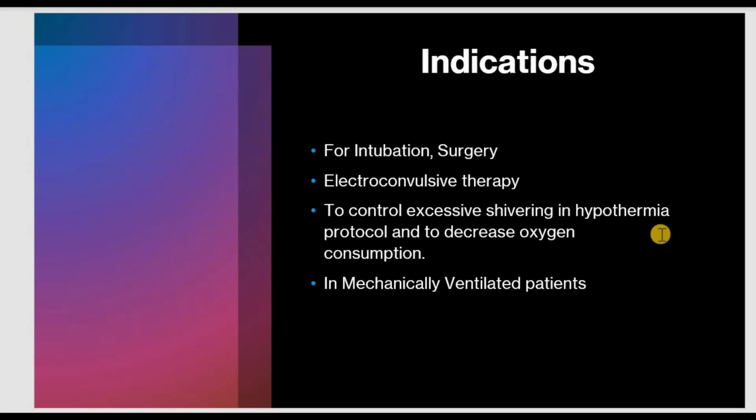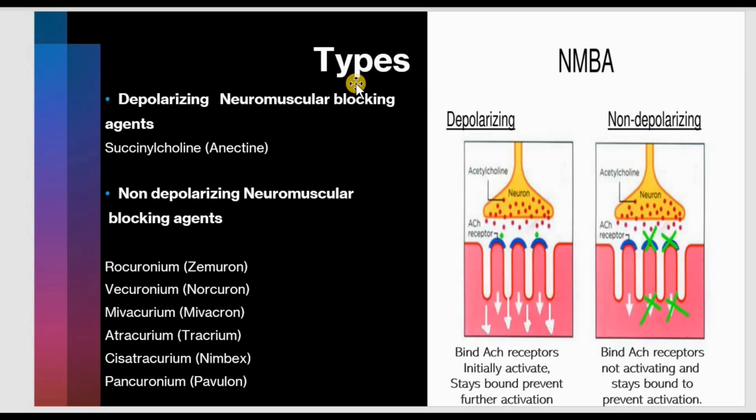In post-cardiac arrest patients, to preserve neurofunction, you cool the patient down, and as a result the patient can have shivering that increases the oxygen demand. So IV paralytics are given to prevent shivering and to decrease oxygen consumption. In mechanically ventilated patients, for example in severe ARDS, COVID-19 patients, when they are intubated and proned, we use IV paralytics for better outcome.